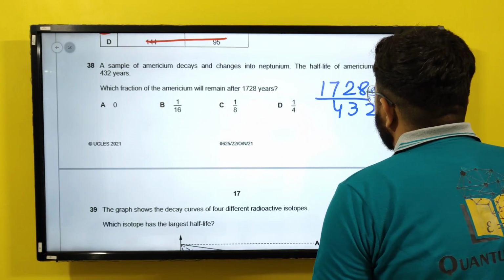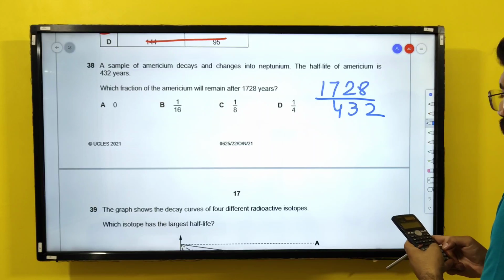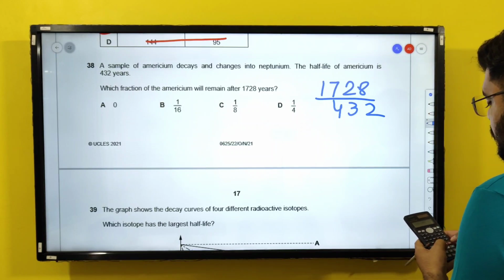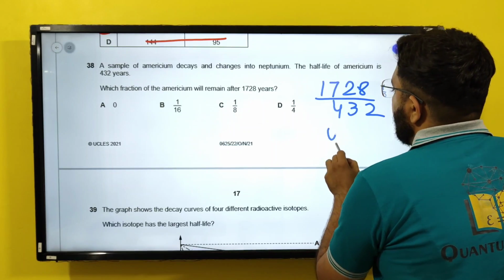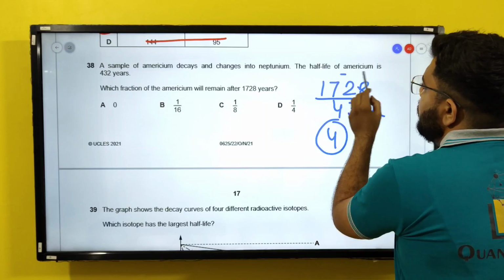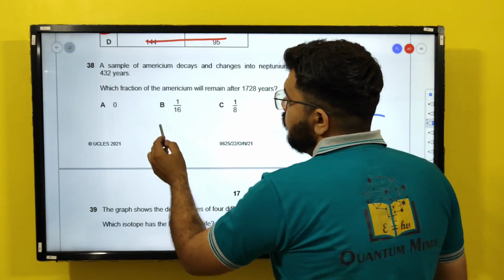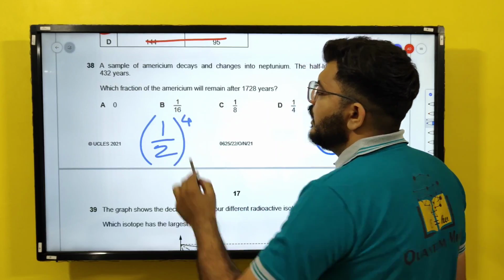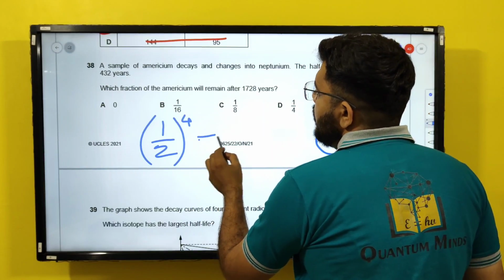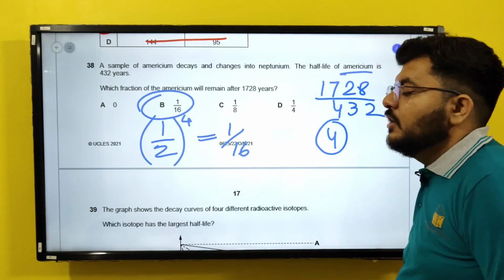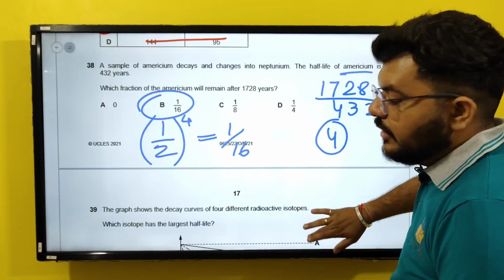I think it should be 4 half-lives. Yes, it is 4 half-lives. So the sample of americium gets halved 4 times. So 1 by 2, 4 times, right? This will be 1 by 16. So your answer is option B, right?